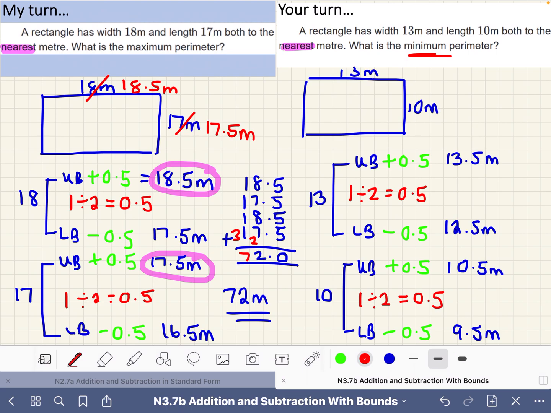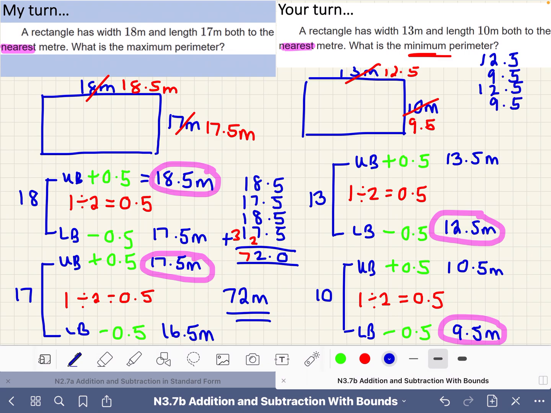That means we are using the smallest possible measurements of 12.5 for our width and 9.5 for our length. We will replace the measurements on our diagram to give us 12.5 and 9.5, and remember we will add up the measurements to find our perimeter. So we have 12.5, 9.5, 12.5 and 9.5.